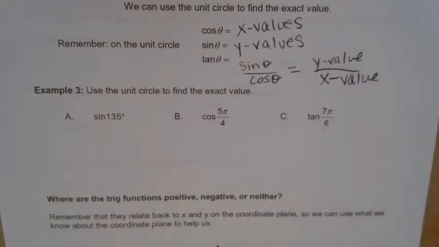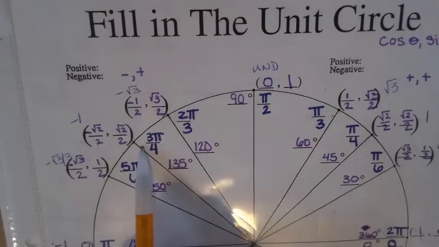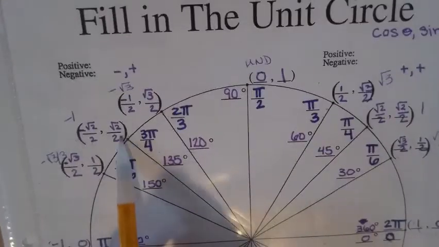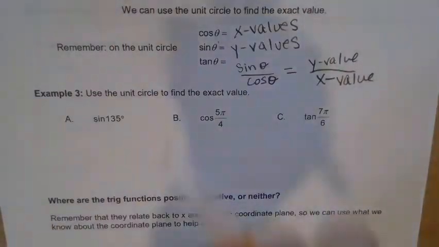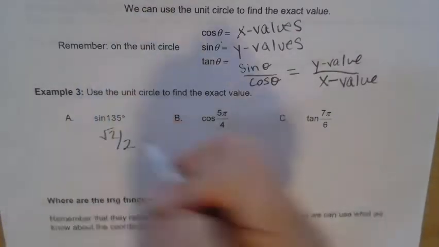Alright, now that we know the values, we're going to use our unit circle to help us actually find the value at these degrees in radians. So sine of 135 degrees, we go to 135, and we found out that sine will be the y value. So our answer is the square root of 2 over 2.